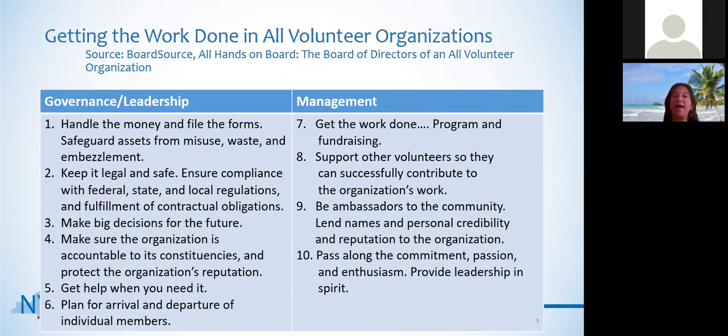Also, when we're looking at all volunteer organizations, it's important to distinguish a little bit further between the board's governance and leadership role and its management role.